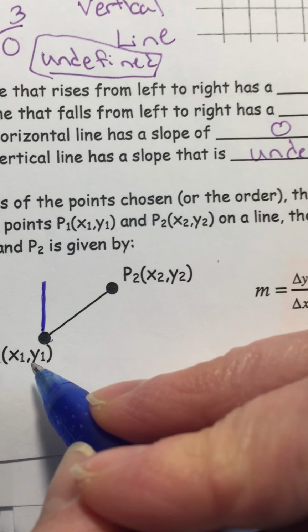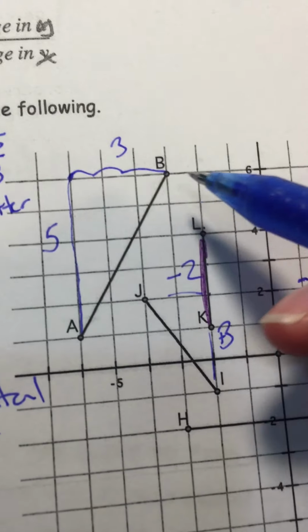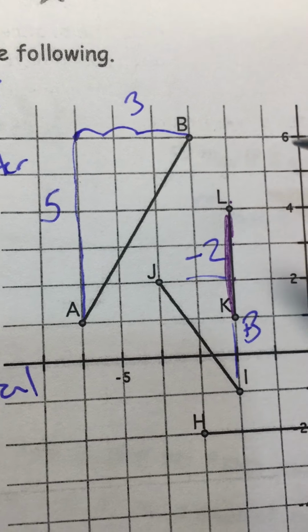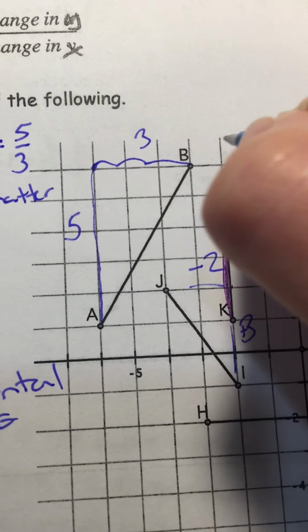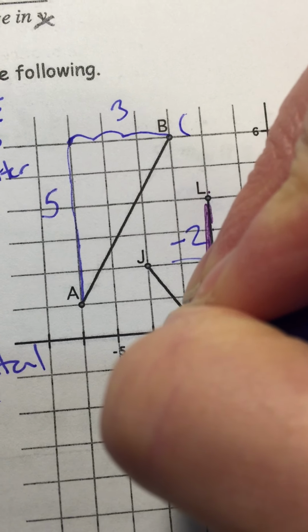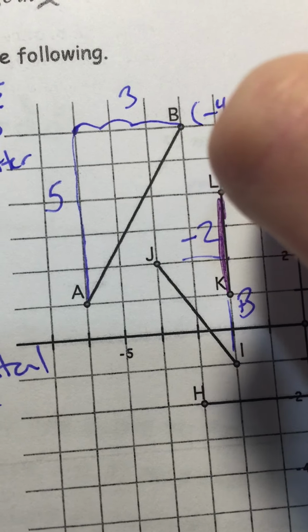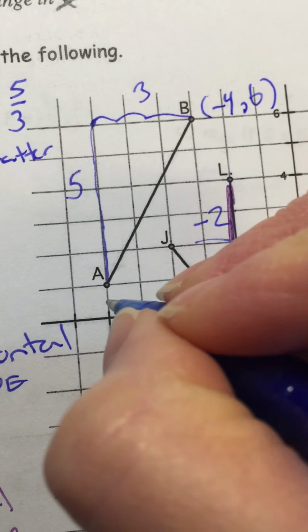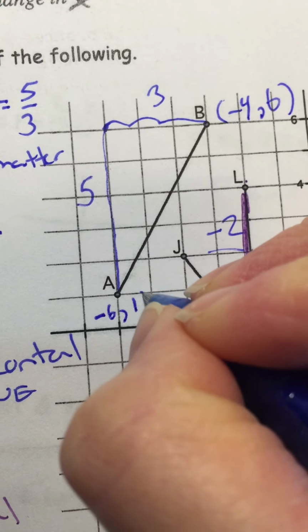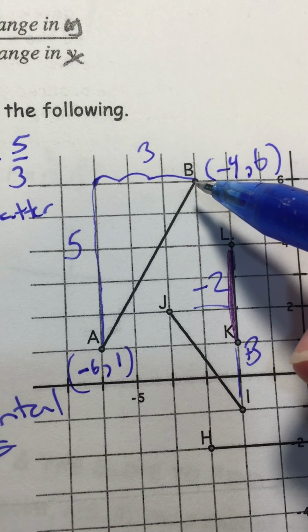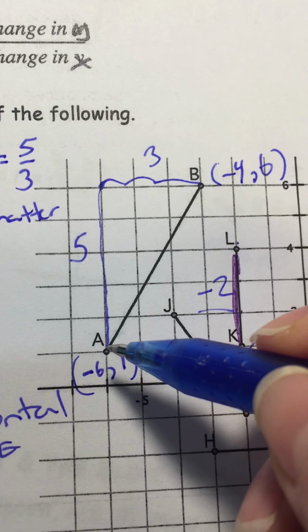So if we can use an example over here, I don't have to count those squares. I can see that if point B is at a value of -4 and 6, if that's the coordinates of its point, and point A is at -6 and 1, I know that this point is 6 units high and this point is 1 unit high.